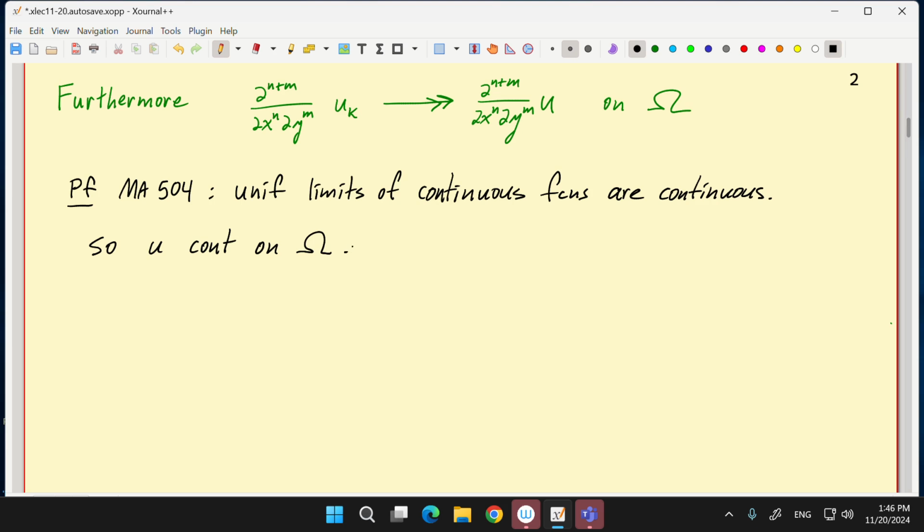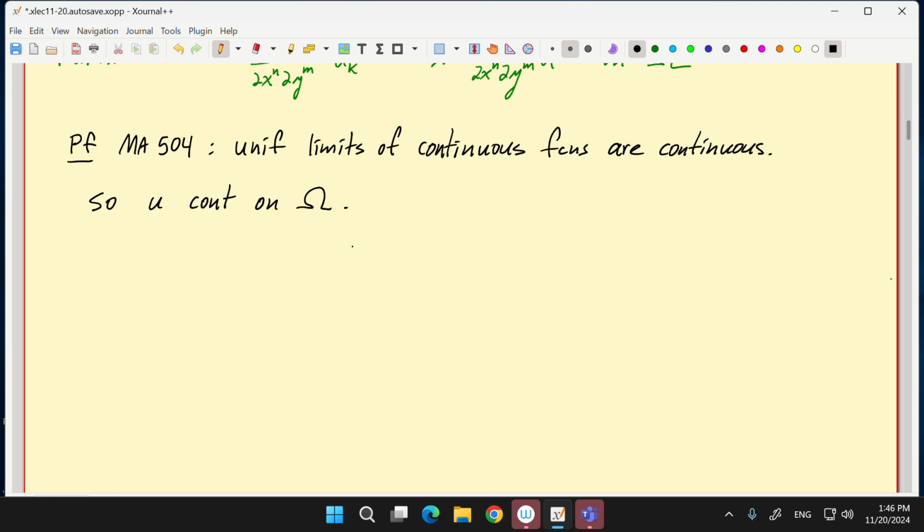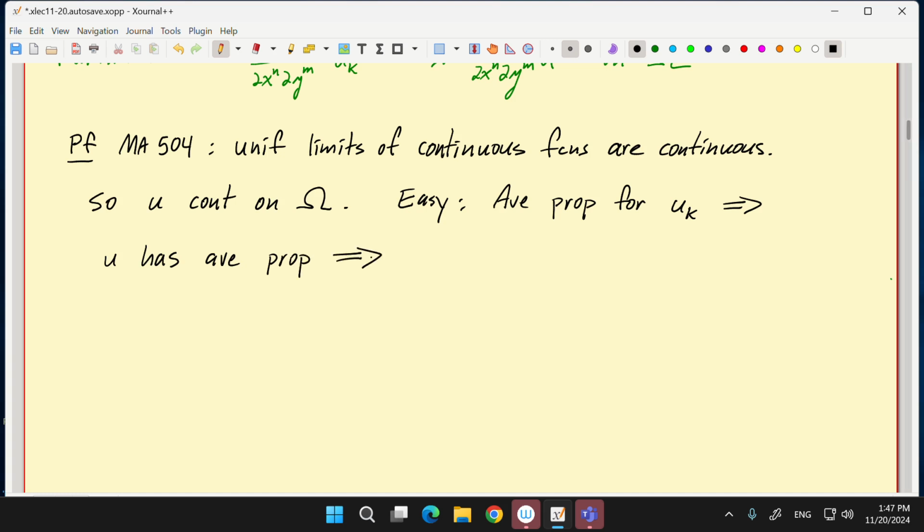And the averaging property, an easy thing to see, the averaging property for the u_n implies the limit has the averaging property. And of course that would imply we got a continuous function with the averaging property. The big theorem last time was that u is harmonic. So no work.